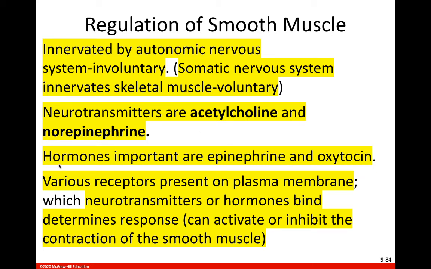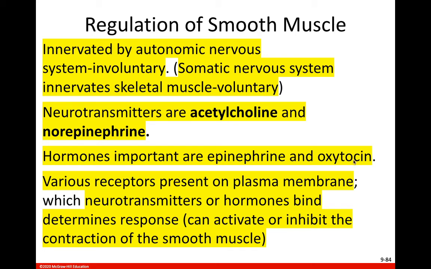Again, hormones that are important in stimulating smooth muscle to contract are oxytocin and epinephrine. You may have heard of oxytocin before. Oxytocin is the hormone that is released that causes contraction of the smooth muscle in a woman's uterus when she is in labor and having a baby.